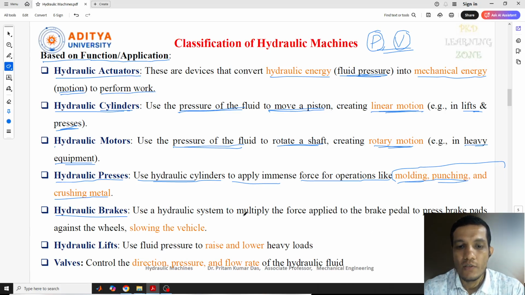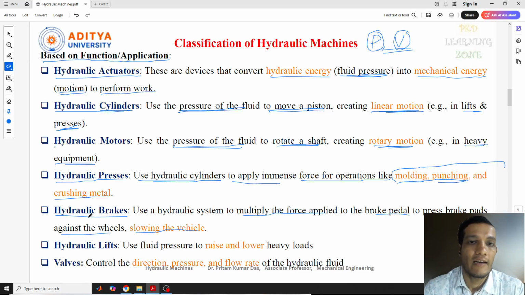So the force applied to the brake pedal is multiplied and presses the brake pads against the wheels, and that finally slows down the vehicle. This is the output from the hydraulic brakes. If you apply the brake on the pedal, your vehicle is going to be slowed down.